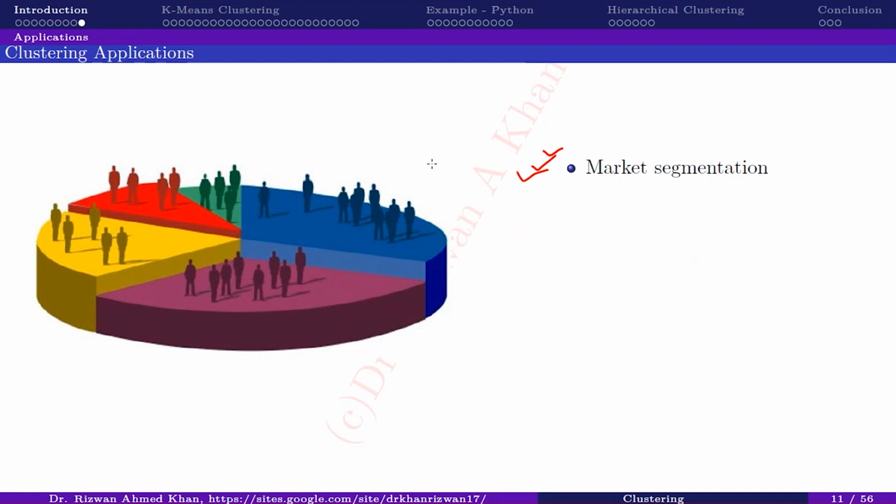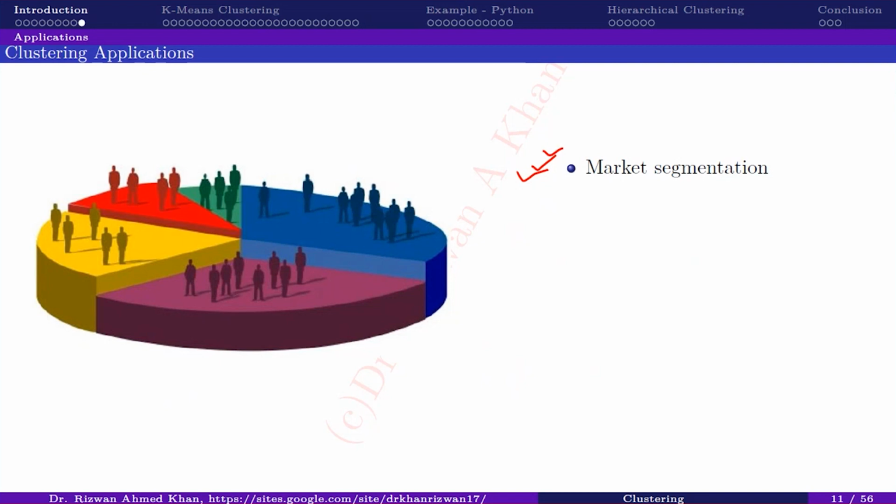Let's say you want to divide customers or a population based on their income. If you have the right clusters, marketing agencies can post different kinds of advertisements to different clusters of people. If someone is earning a lot, they can be shown advertisements for very expensive cars, right?